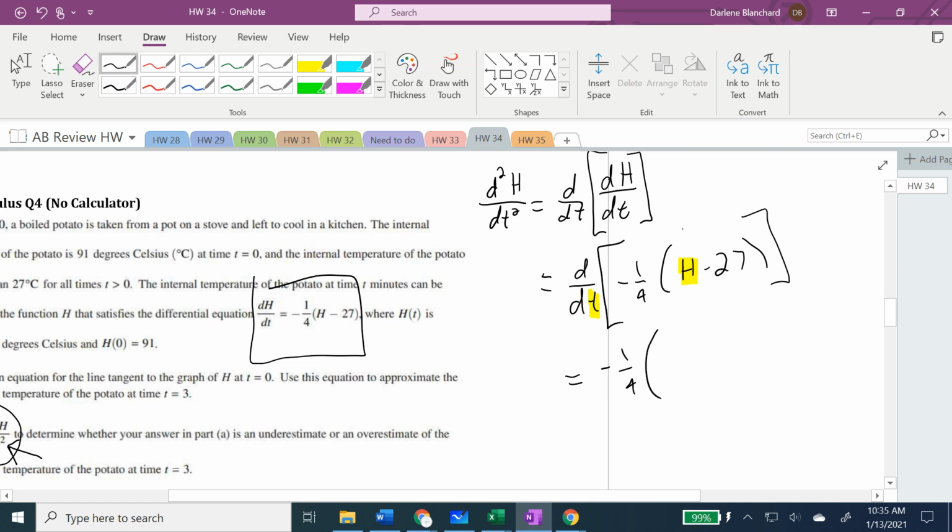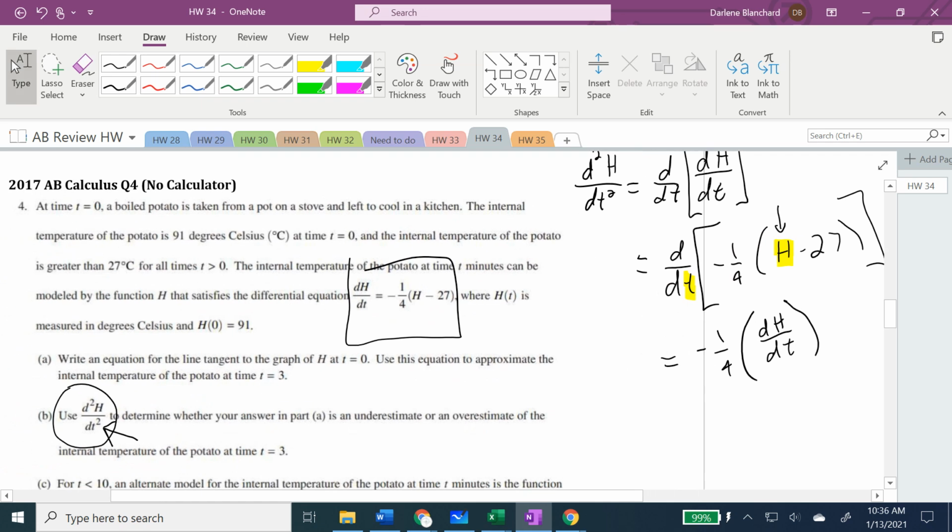Then when I take the derivative of h with respect to time, that's an entire dh dt. The common error is to say, oh, the derivative of h is 1. Yes, with respect to h, but not with respect to t. Then minus 27, the derivative of that is minus 0, so there we go.